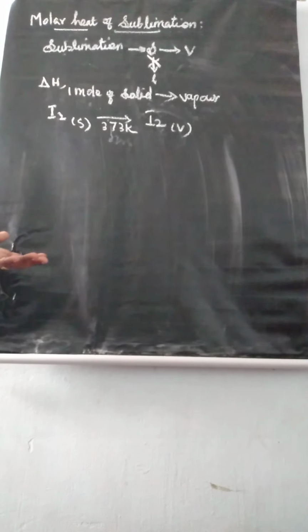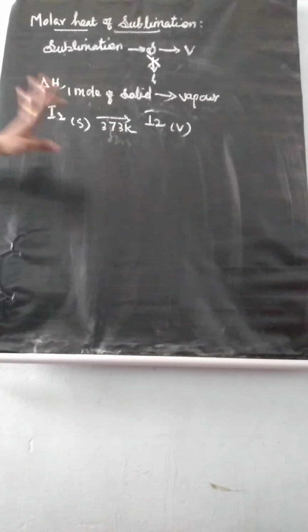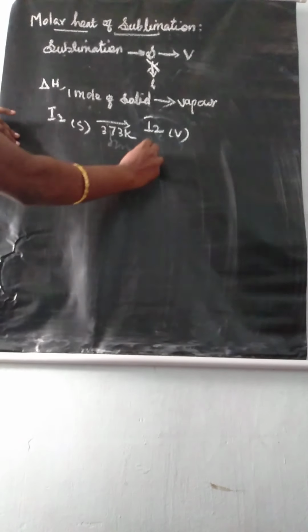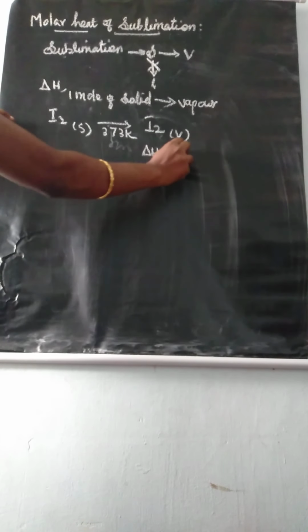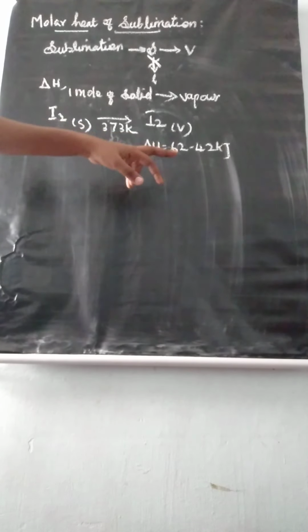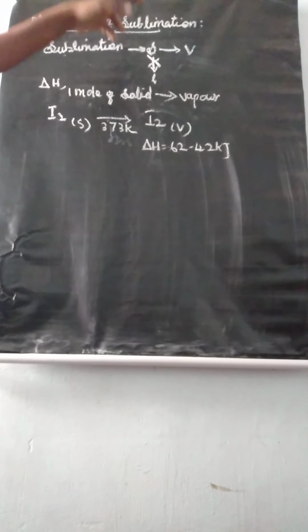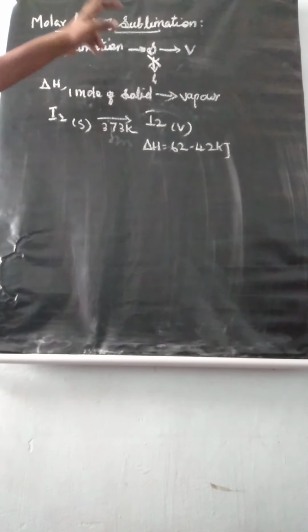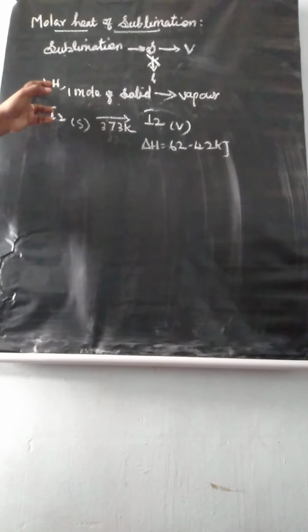So solid is directly converted to vapor without passing through the liquid state. Delta H of this iodine reaction is 62.42 kilojoule. So this is molar heat of sublimation: the change in enthalpy when 1 mole of solid is converted to vapor.